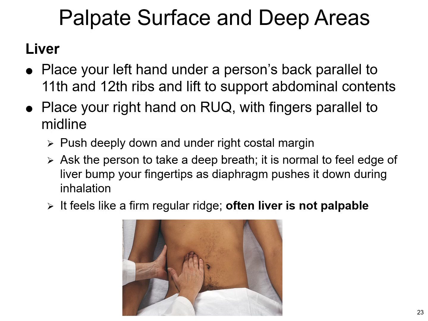With your right hand on the right upper quadrant, with your fingers parallel to midline, you're going to push down right under that right costal margin. You're going to ask your client to take a deep breath. If you feel anything, you might feel the edge of the liver as the diaphragm pushes it down during inhalation.